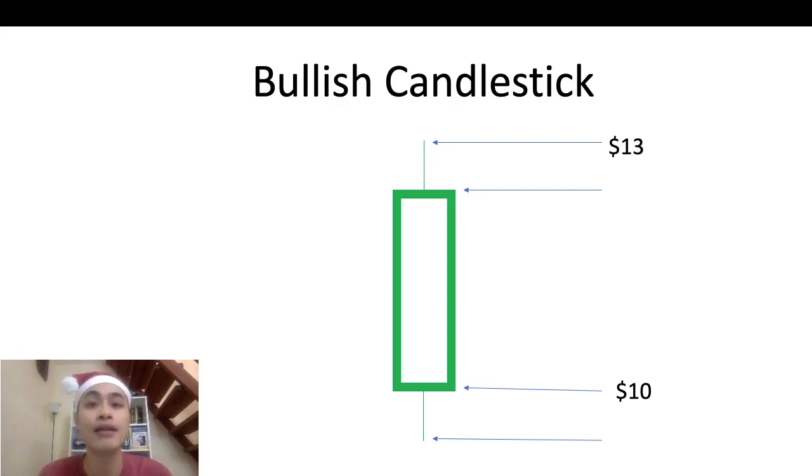So say that the sellers managed to bring prices back down from the day's high of $13 to $12. So this means that prices close at $12 for the day. Remember that the day's opening price is $10. So since prices rose from $10 to $12, buyers won over the sellers and managed to push prices up. And we say that the day and the stock is bullish.